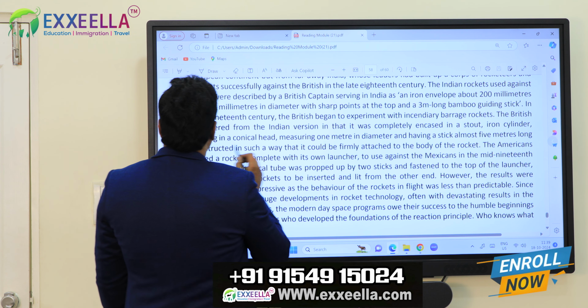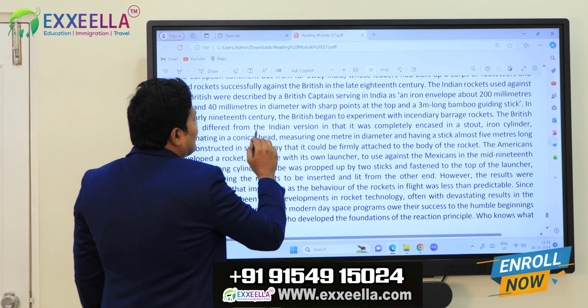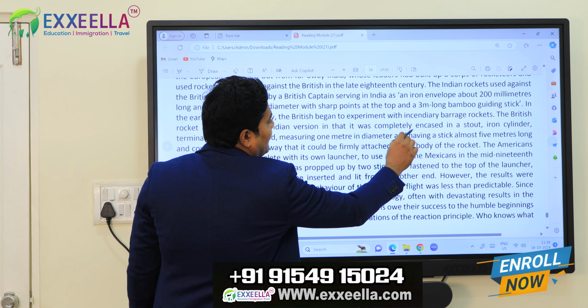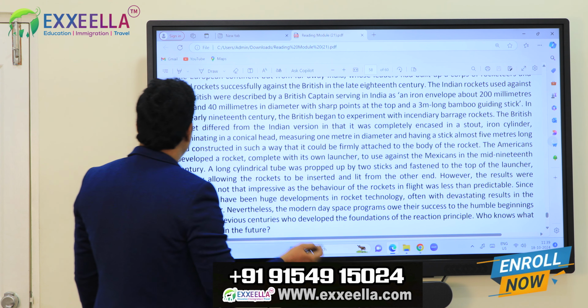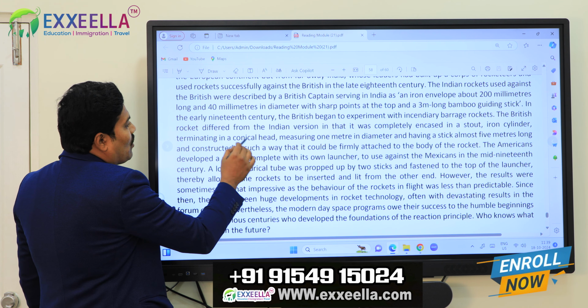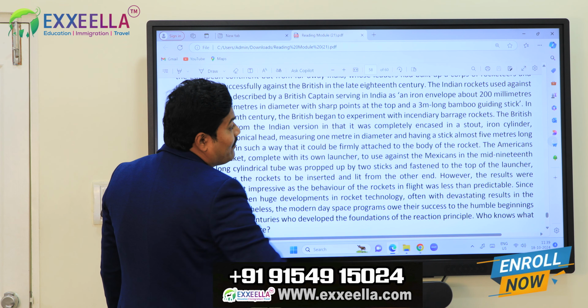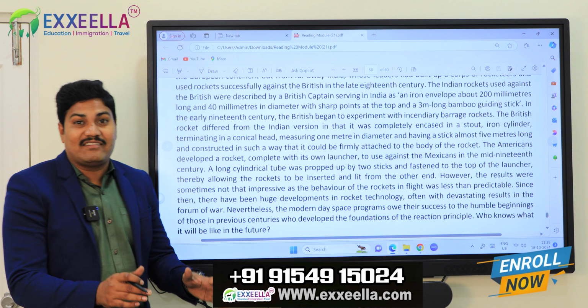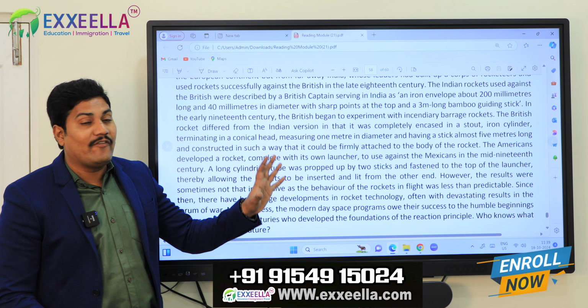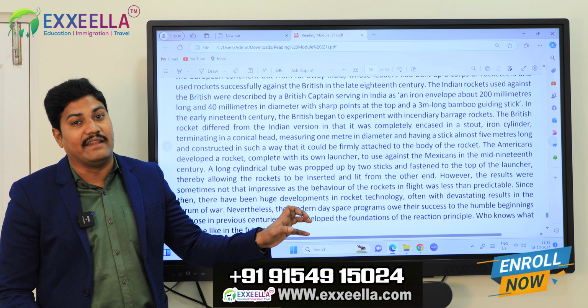The British rocket differed from the Indian version in that it was completely encased in a stout iron cylinder terminating in a conical head measuring 1 meter in diameter and having a stick almost 5 meters long. So it is clearly saying it has a 5 meter long bamboo guiding stick.